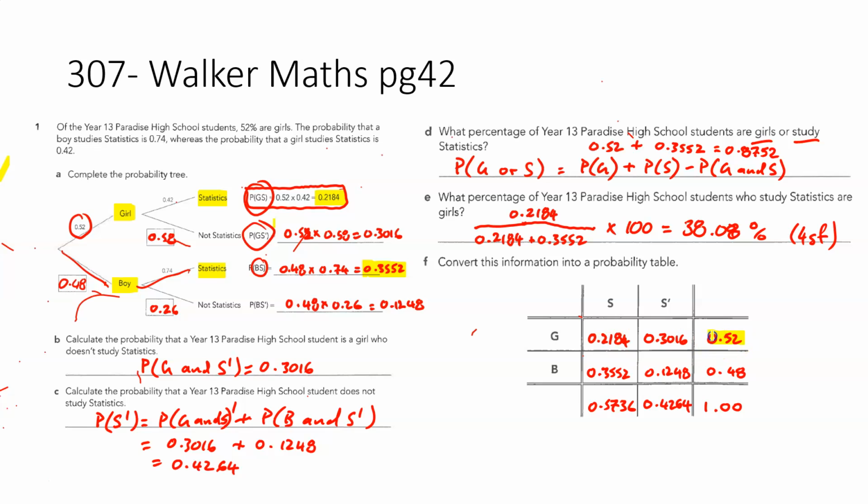This is the probability you're a girl, which the 52 comes from over there, and obviously the 48. And likewise, we worked out the probability that people don't do statistics, which is that value there. Sometimes in these questions they double up all over the place, so you don't necessarily have to do much calculating. So that covers the probability trees 307.